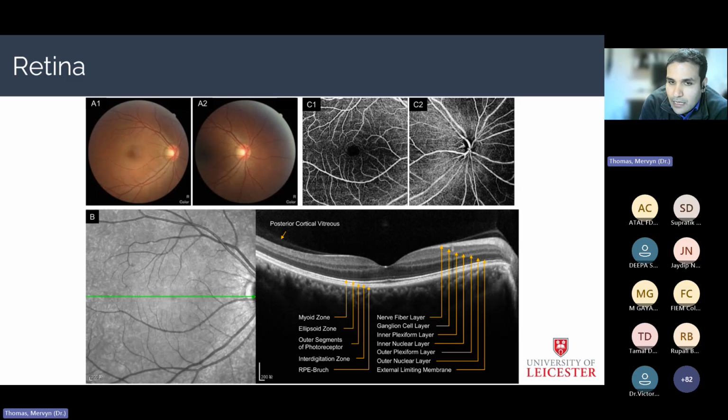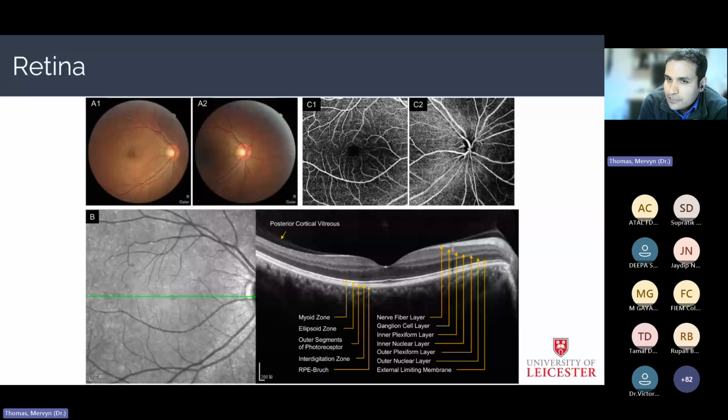This is the optic nerve, the nerve fibers that take images to the back of your brain. And then you have the vasculature, which are the blood vessels. These are the red long lines that you see within this particular image.